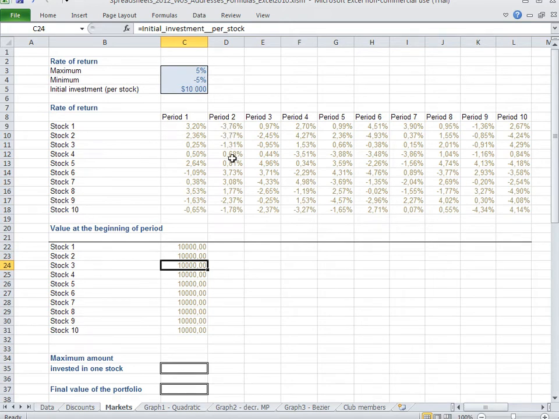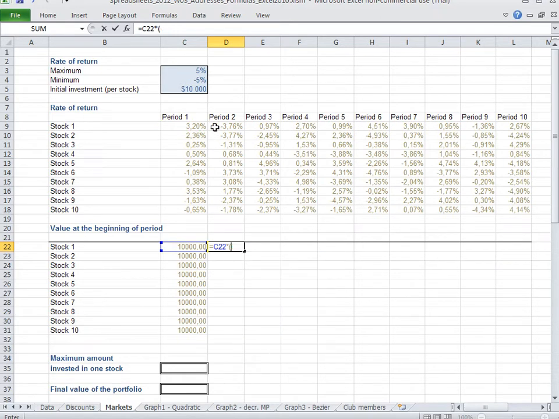We're going to discount the stock price. So let's write equals, and let's take the previous stock price. I mean, we're now considering the first stock's second period, and we're taking the previous stock price, which is the first period of the first stock, and we're multiplying by, and now let's put parentheses, and up here we have a 3.2% rise.